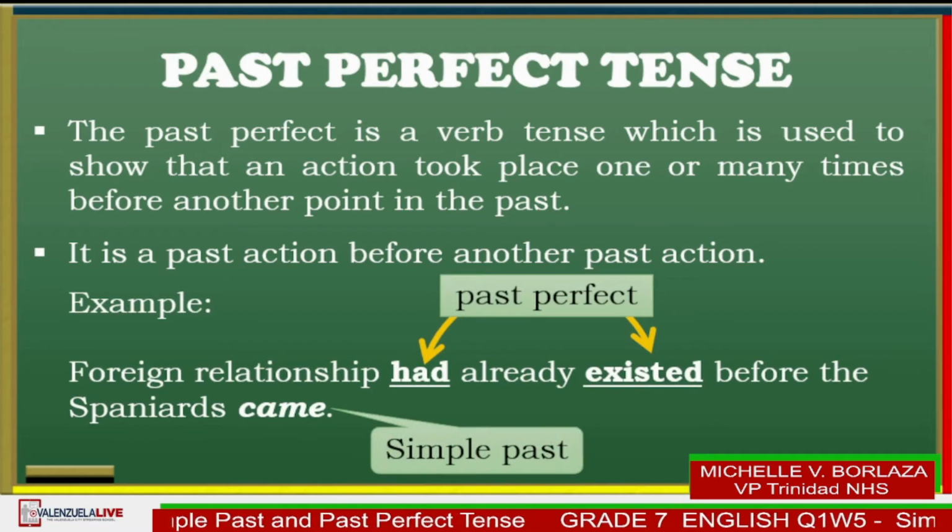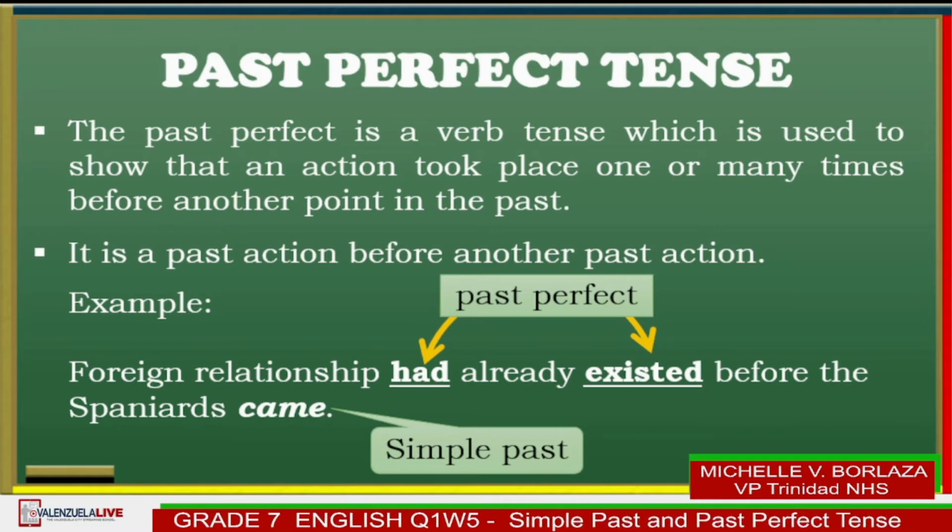For example, in the sentence, foreign relationship had already existed before the Spaniards came, we have two verbs in the past tense, had existed and came. Had existed is our past perfect tense because it is the action that happened before another past action, which is came.